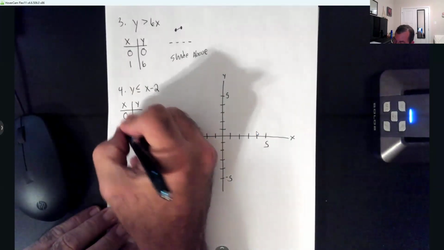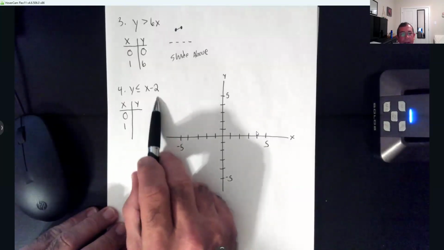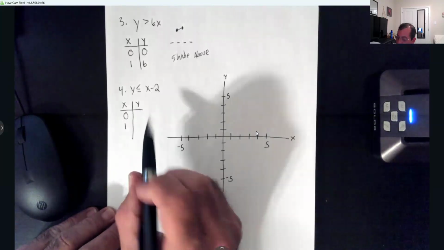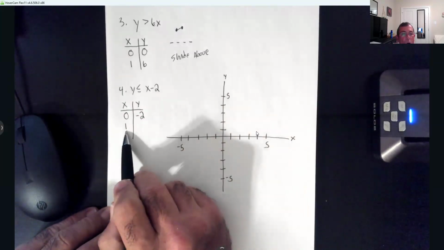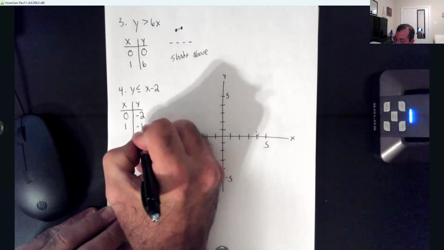I'm going to use 0 and 1 again. 0 and 1 are easy numbers if you don't have any fractions here, okay? Well, let's put a 0 in. 0 minus 2 gives me a negative 2. If I put my 1 in, 1 minus 2 gives me a negative 1.